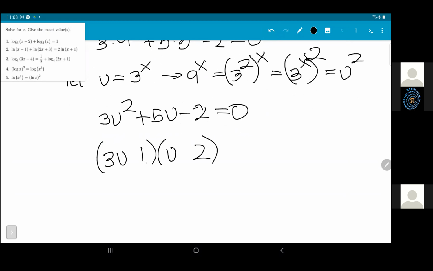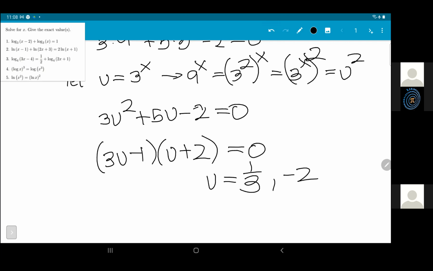Okay, let's see if this combination will work. U and 6u. Okay, that's the correct factorization. Negative u and 6u makes 5u, then negative 2. And you get two possible answers for u. U equals 1/3 or negative 2.